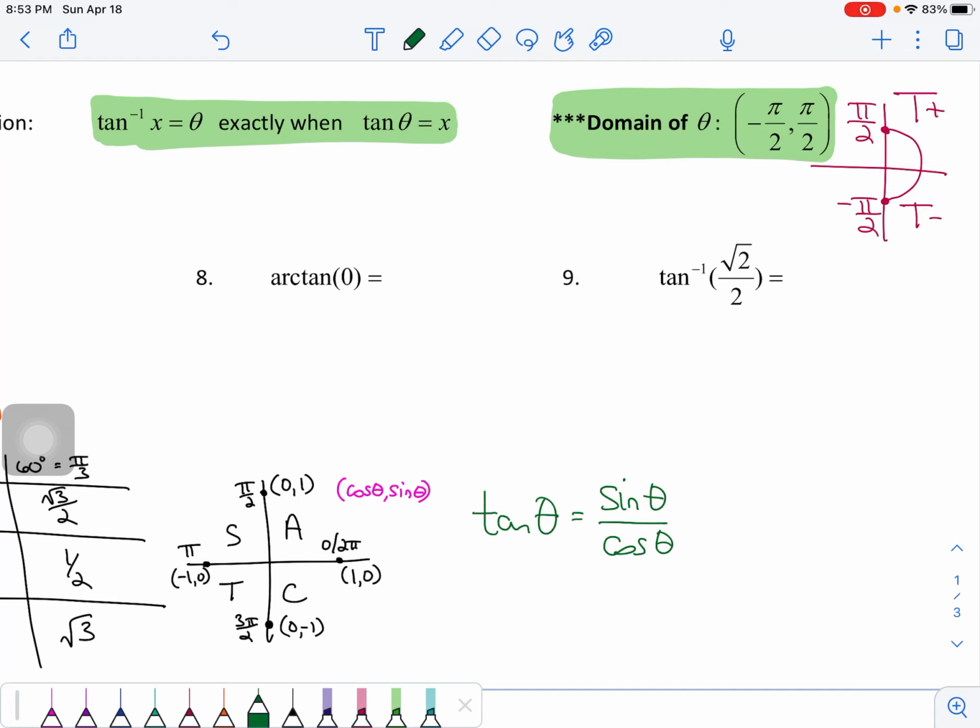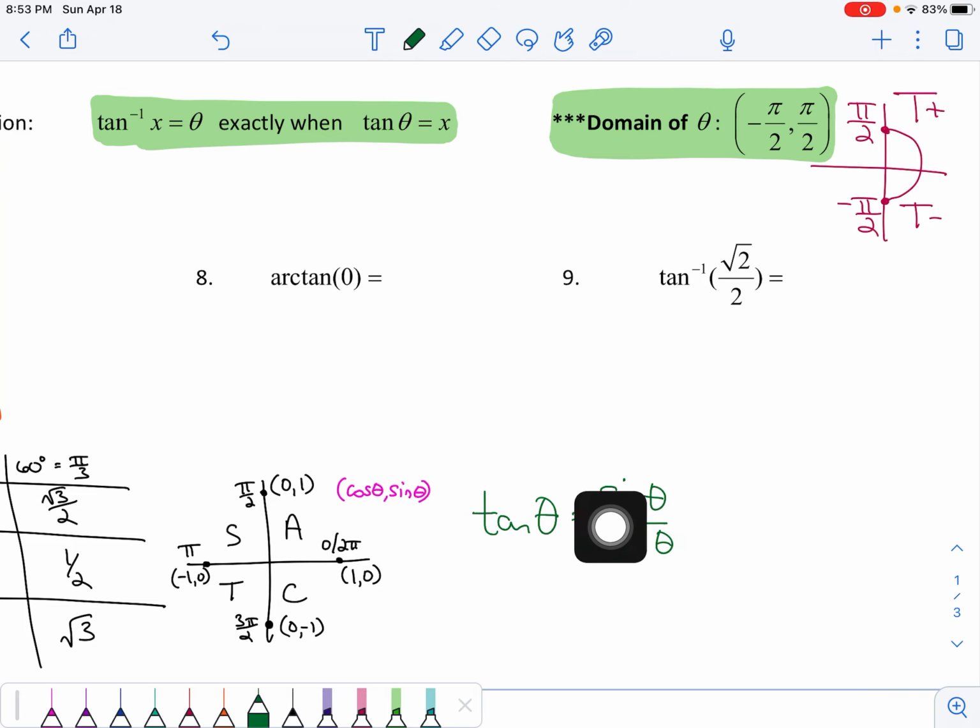I want my tangent to equal 0, I'm just trying to figure out when that happens. In order for this to happen, I need this fraction to equal 0, which means I need sine to equal 0.